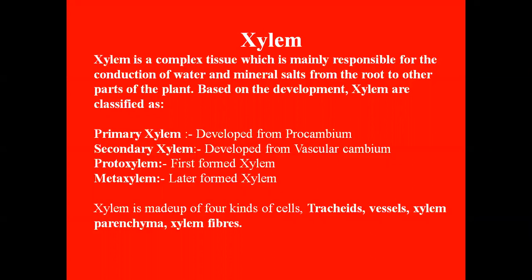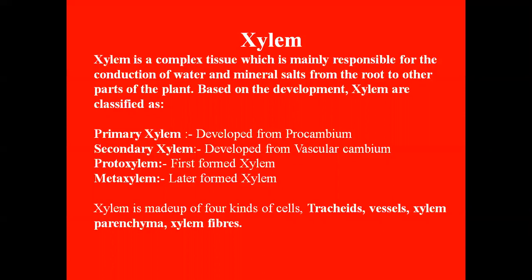Based on the development, xylem is classified as primary xylem, which is developed from procambium, secondary xylem, developed from vascular cambium, protoxylem, which is the first formed xylem, and metaxylem, which is the later formed xylem.